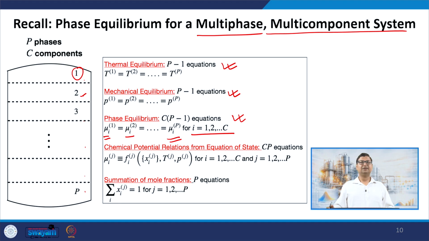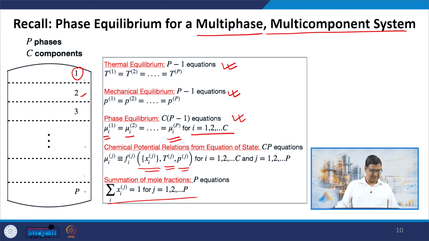In general, the chemical potential depends on the composition, the temperature, and the pressure. And finally, for every phase, we also have a condition for the summation of the mole fractions. The mole fractions must sum to 1 in each of these phases.